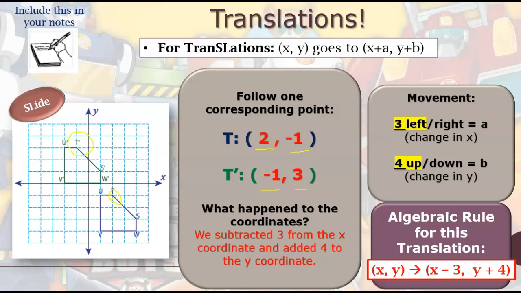So we went 3 places to the left, 1, 2, 3, and then we went 4 places up. So 1, 2, 3, 4 to get from our original T to its new position. So our change in x is -3, so x - 3, and our change in y is +4, so y + 4.